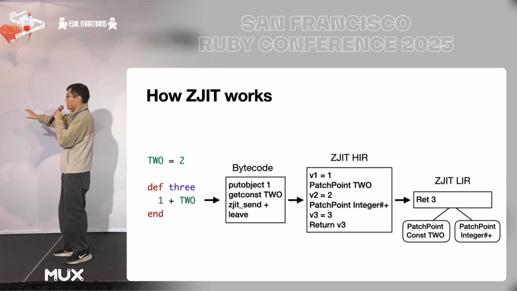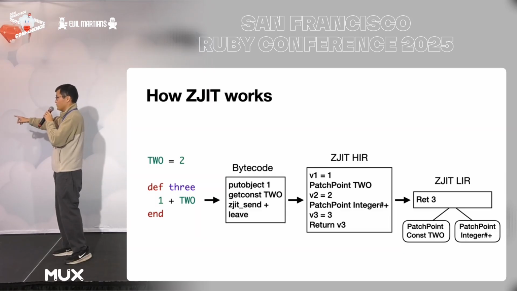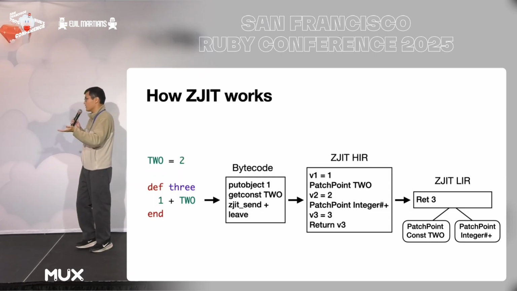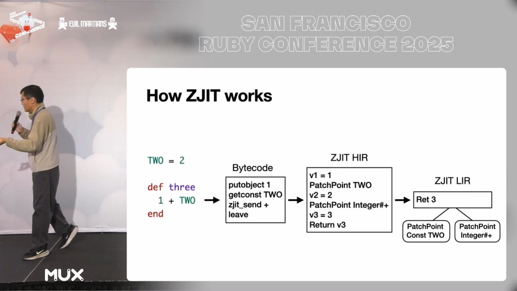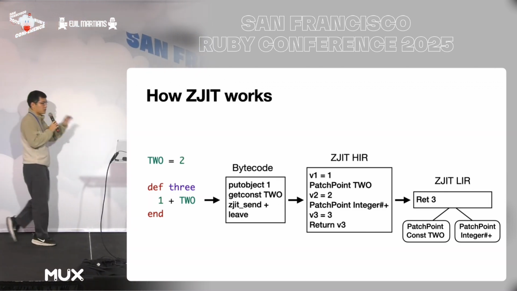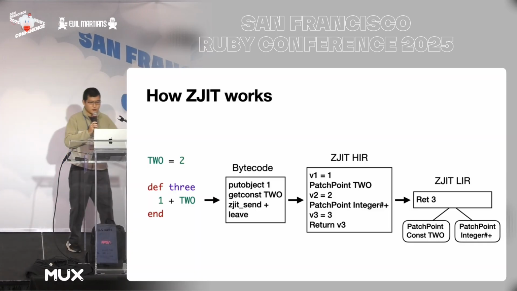And so the generated code will actually look like just return 3. So it's much faster, with the patch point that will be invalidated when the constant 2 is redefined or the integer plus is redefined. So that's what we ideally want to do, and that's what we also do in ZJIT.